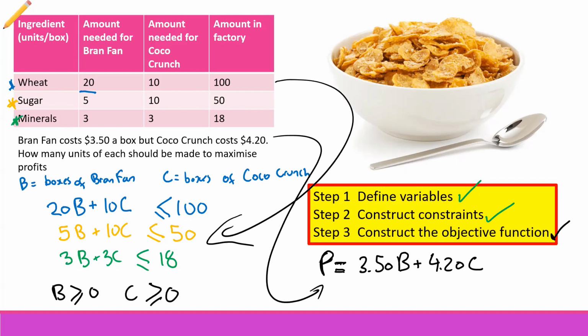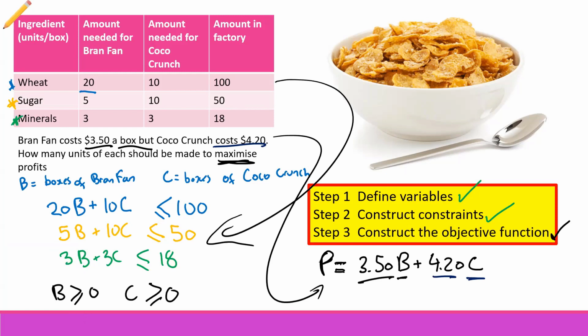So to maximize our profits, I need to know how much I can get. Bran Fan is $3.50 a box, so I go $3.50 times the amount of Bran Fan that I made. And Cocoa Crunch is $4.20, so I go $4.20 times the amount of Cocoa Crunch.